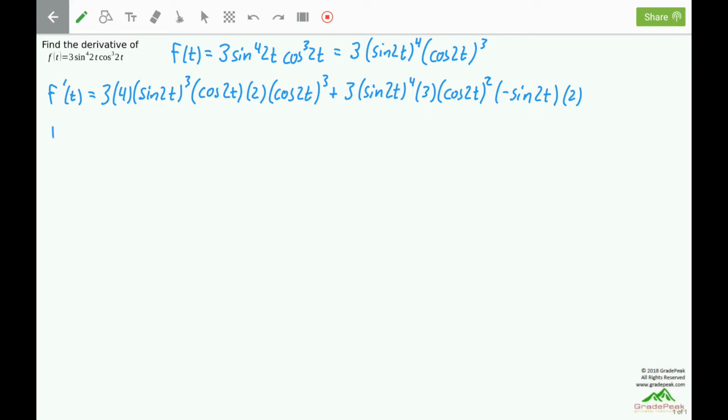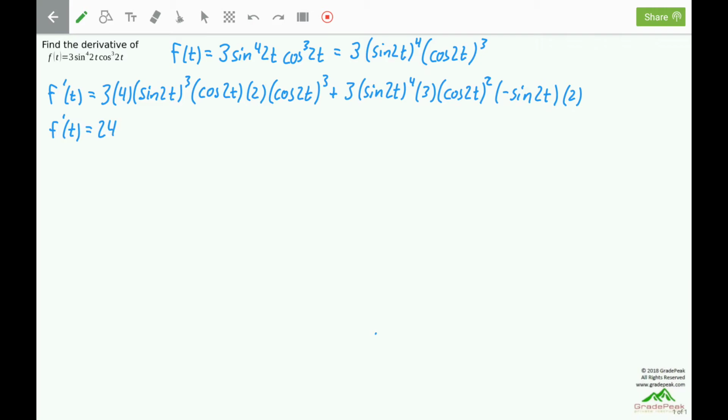In the next step here, I'm going to multiply all of the constants. So I have a 3, I have a 4, and I have a 2. 3 times 4 is 12, times that 2 will be a 24. We can put that in the front. So we will have 24.